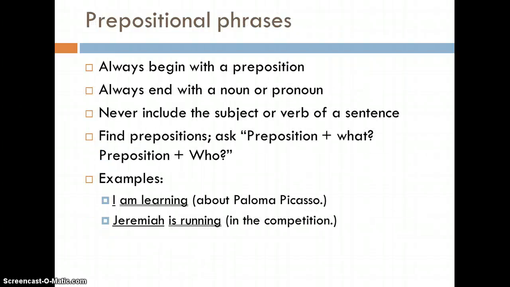Next, we're going to review prepositional phrases. A few points about prepositional phrases. They always begin with a preposition, so we need to be really familiar with those prepositions. A very large number of prepositions have to do with position, like in, on, over, above, below, beside, next to, in front of, and so on.